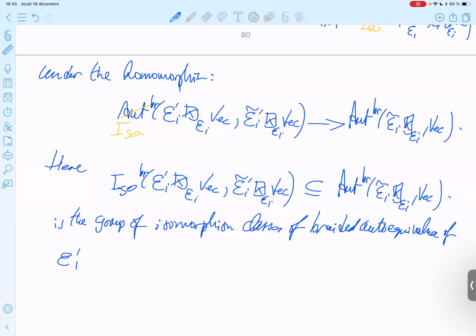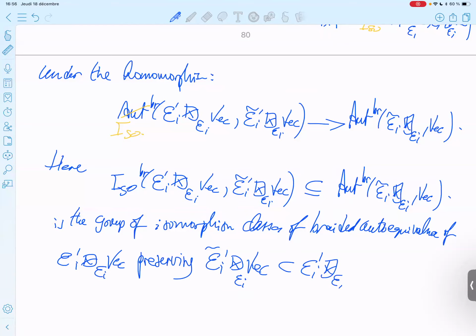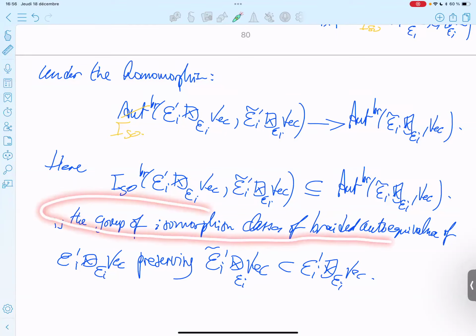Okay, so let me come back. Of that, preserving... yeah, so okay, this notation with hat was just a notation. It was not really an automorphism, but we need to understand this like that: the group of isomorphism classes of braided equivalences of that, preserving that, included in that.